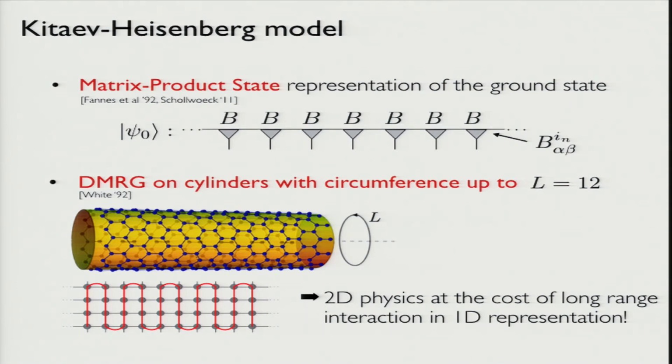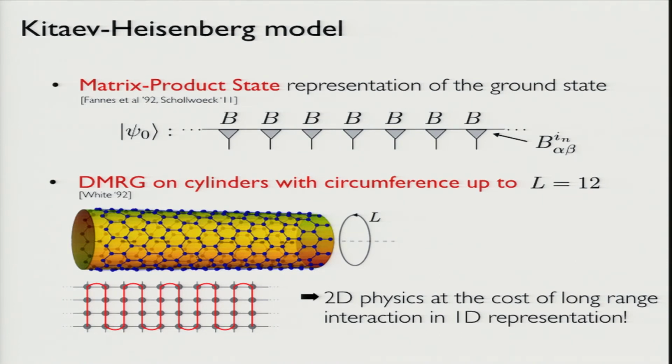And that comes at a large cost for the numerics, namely the numerical cost grows exponentially with the circumference L. But again, thanks to modern computers and some advances in the technique, we can push it up to roughly L equals 12 for the Kitaev-Heisenberg model.